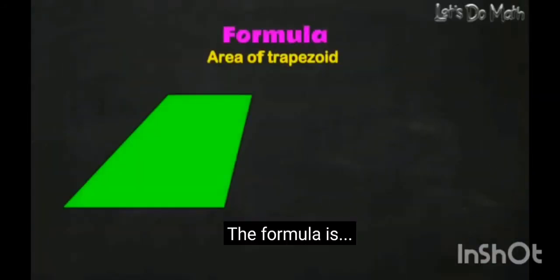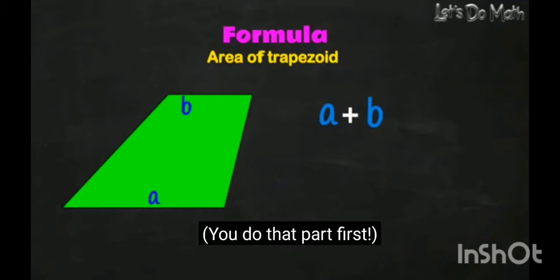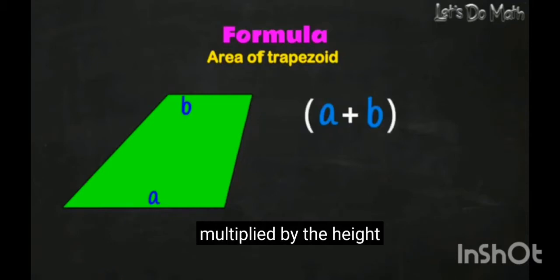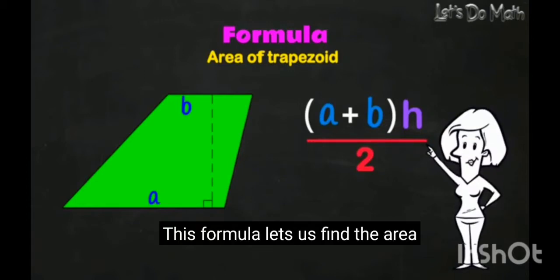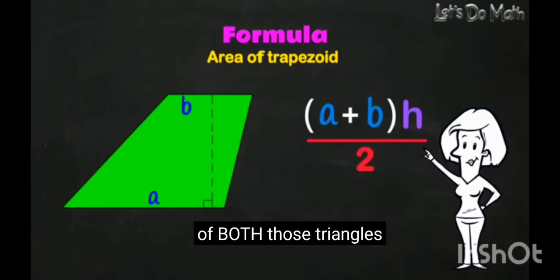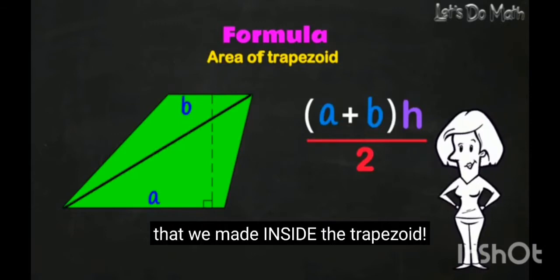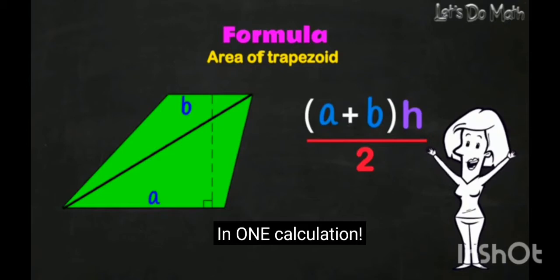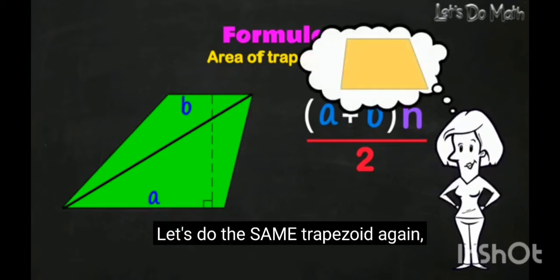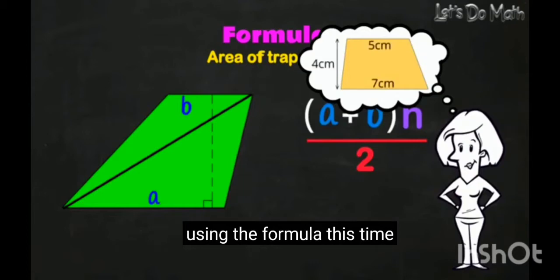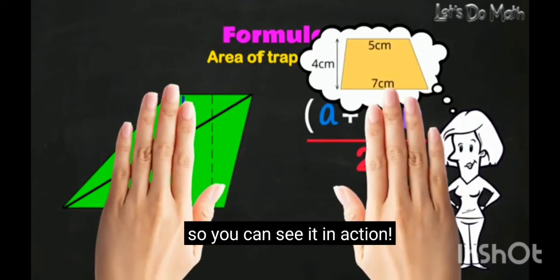The formula is base A plus base B, you do that part first, multiplied by the height and divided by 2. This formula lets us find the area of both those triangles that we made inside the trapezoid in one calculation. Nice! Let's do the same trapezoid again using the formula this time so you can see it in action.